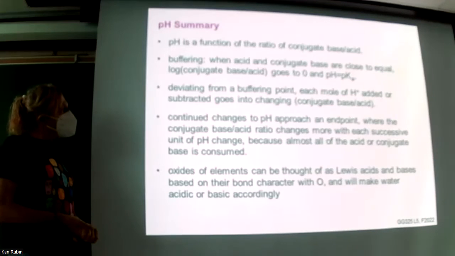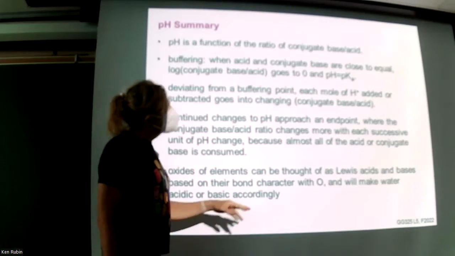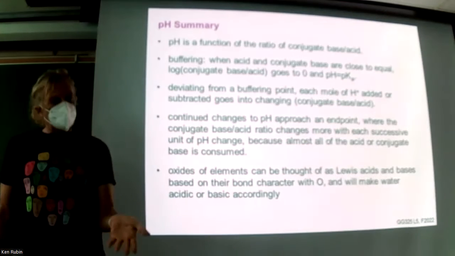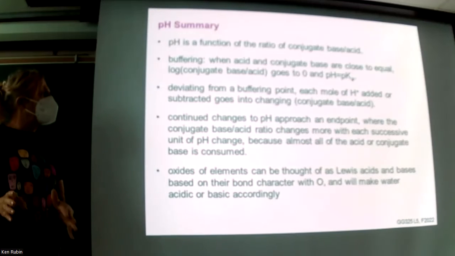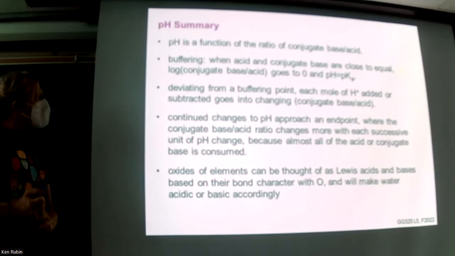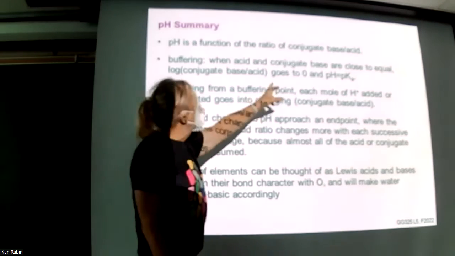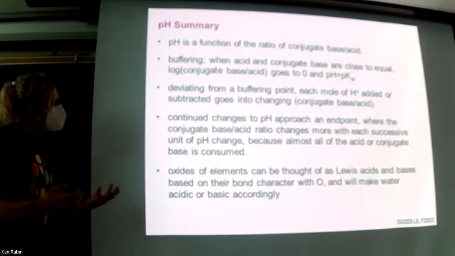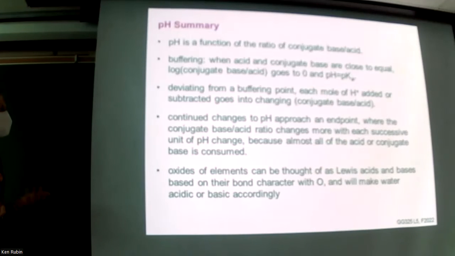We will find some acids have pKa values that are really different than the carbonic acid system, and some of them are really similar to it. And that distinction is also going to become important. The relationship between this ratio and pH is going to be important for helping to predict the behavior of things in the environment.